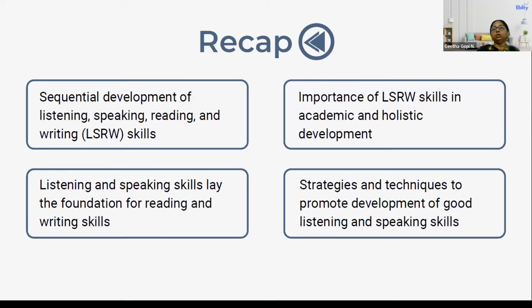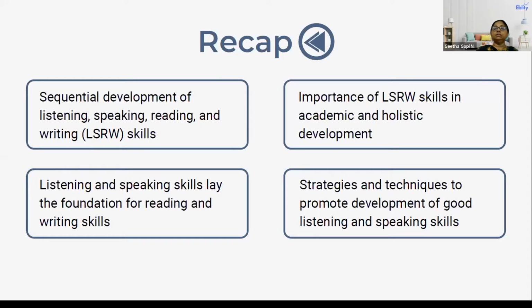We had talked about the different kinds of challenges children with special needs have in developing speech and language skills, which in turn lead to deficits in listening and speaking skills, and how it is important to develop these LS skills so that a good foundation for reading and writing skills can be laid.